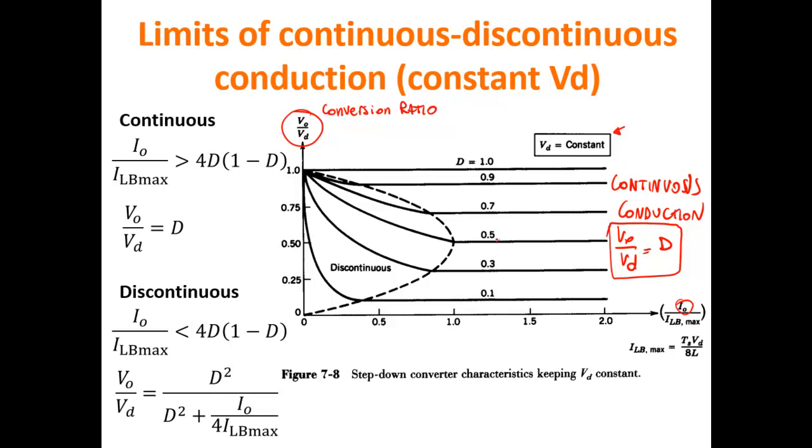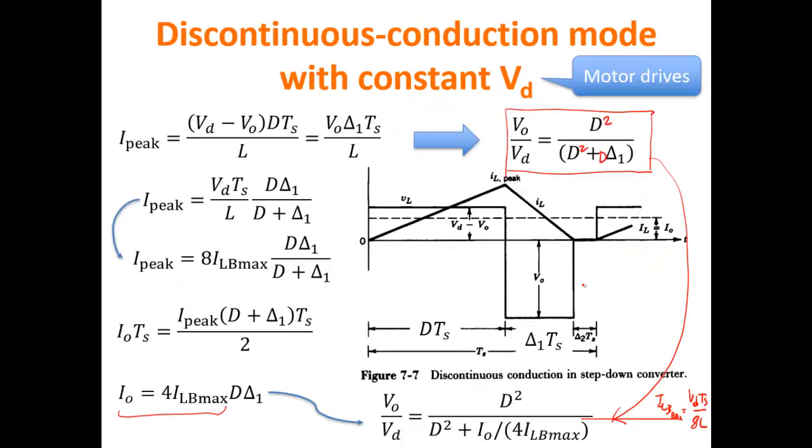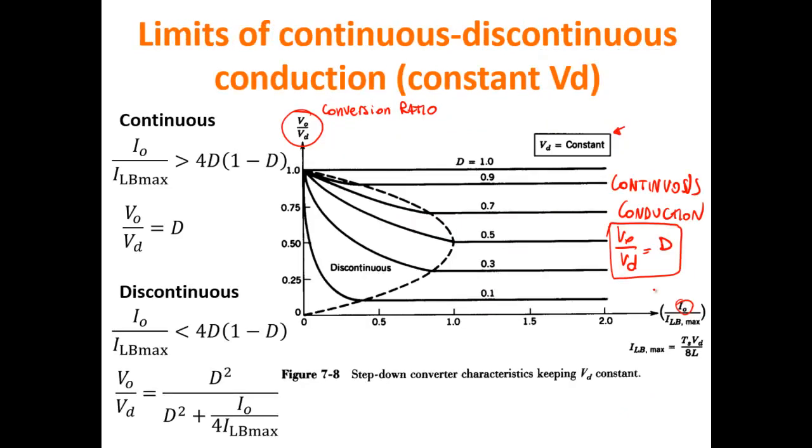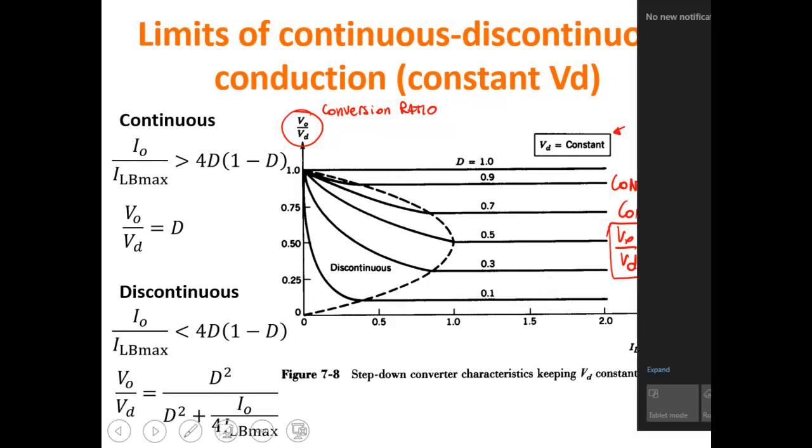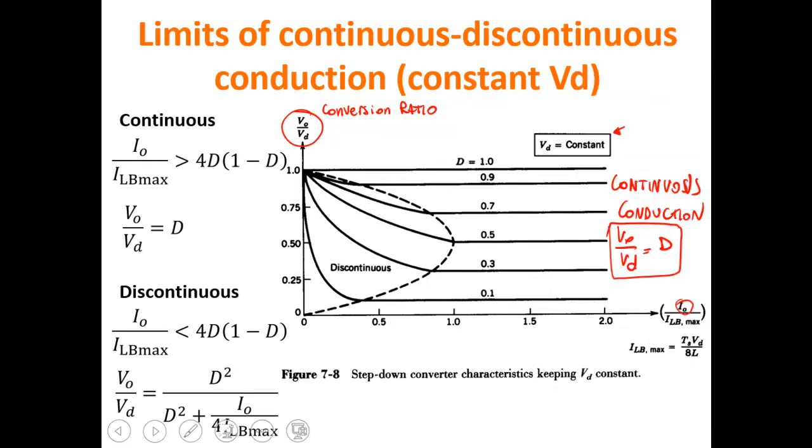So we have a family of curves that are all horizontal and are all equal on the y-axis to the parameter D. And of course, they are independent of the current. Okay. So on this axis, for this particular case, we could also have D, because VO over VD is equal to D. So this is the boundary between continuous and discontinuous conduction.